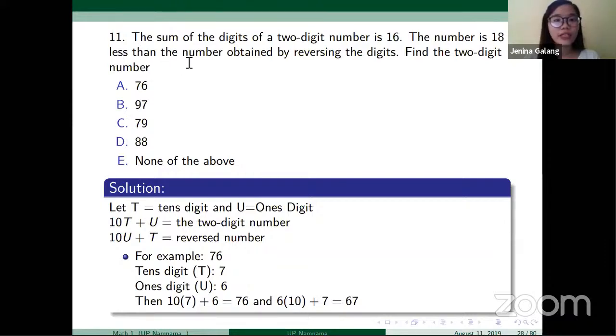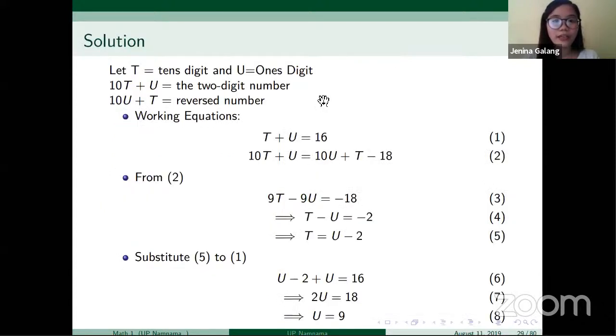So uunahin natin yung the number obtained by reversing the digits. So we have 10u plus t minus 18. So itong conversion ng sentence na to ay 10t plus u equals 10u plus t less 18.